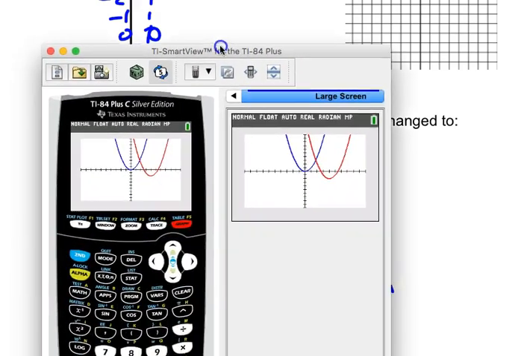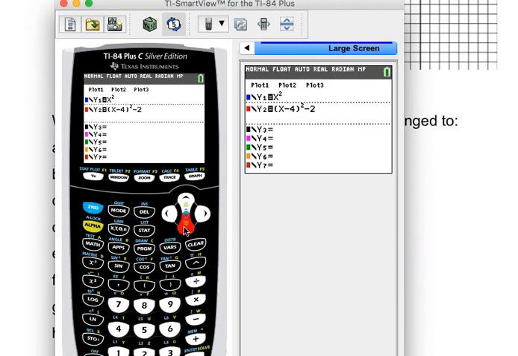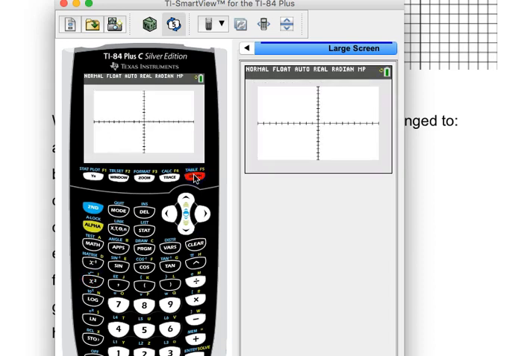It multiplies all the y's by 2. I'm going to clear that one out. 2x squared graph. So when I stretch it vertically, it should get skinnier, right? The red one's going to be inside the blue one. Right? See that? All the y's are twice as high as they were before.